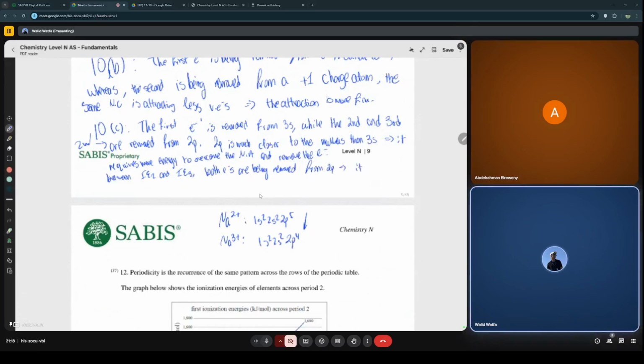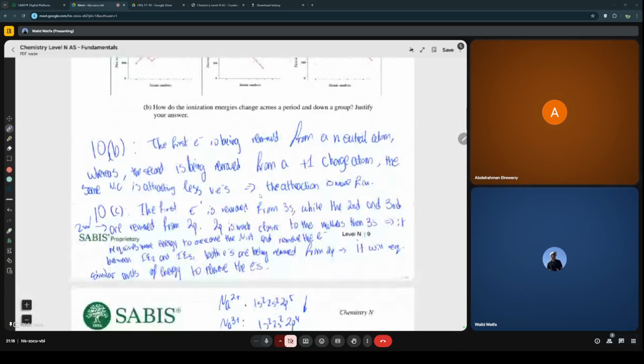Therefore, they will require similar amounts of energy to remove the electrons.